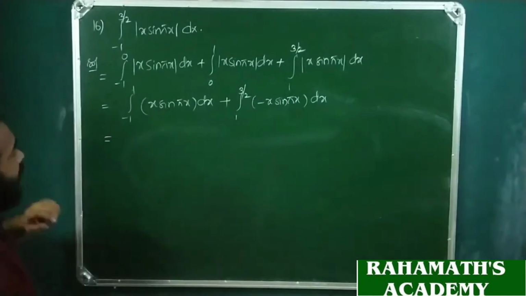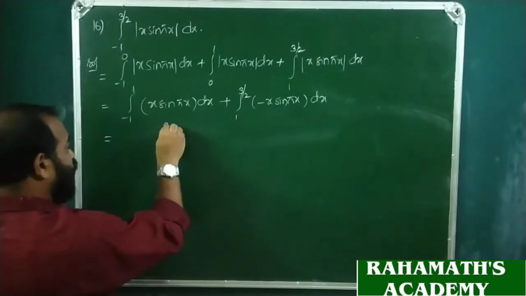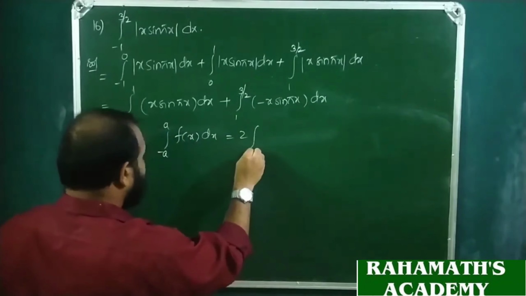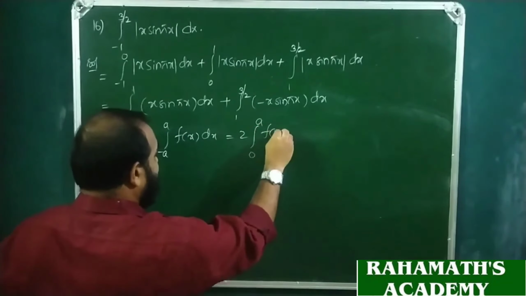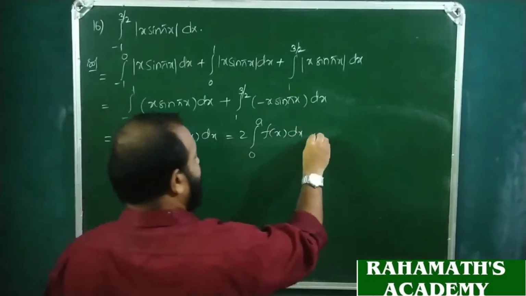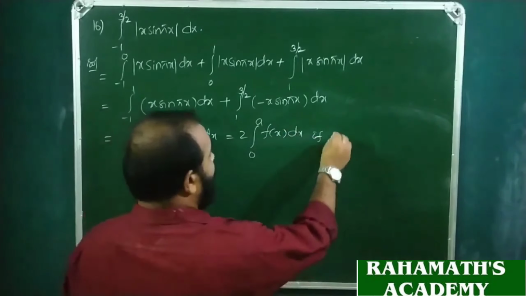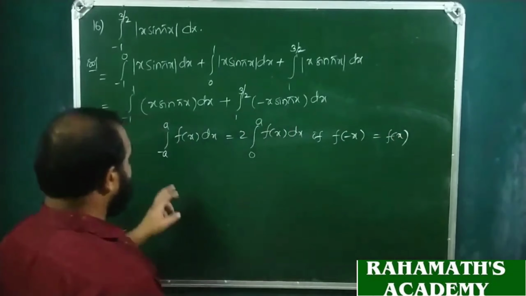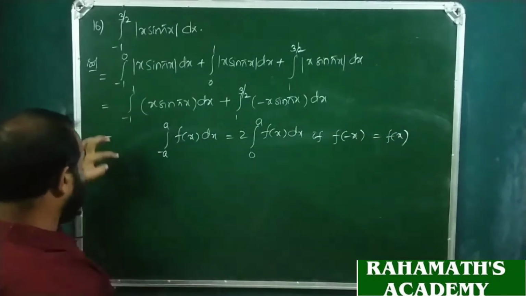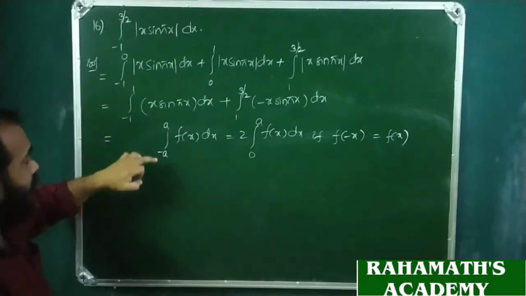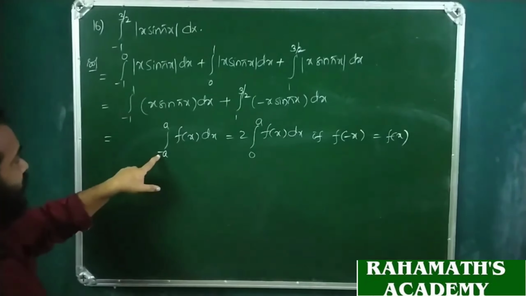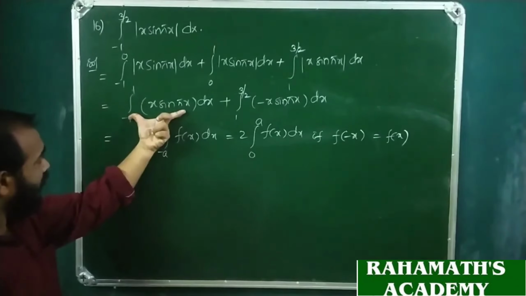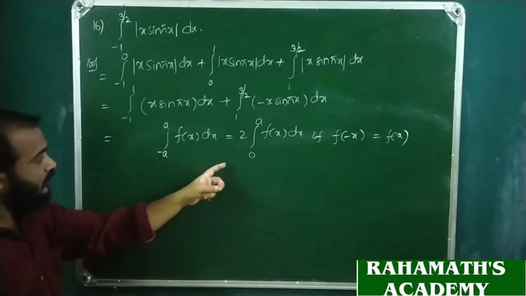We have a property that integral minus a to a f of x dx is equal to 2 integral 0 to a f of x dx if f of minus x equals positive f of x. Here the limits 1 and 1 are the same, only minus and plus, so it is the same. This can be viewed like this property.